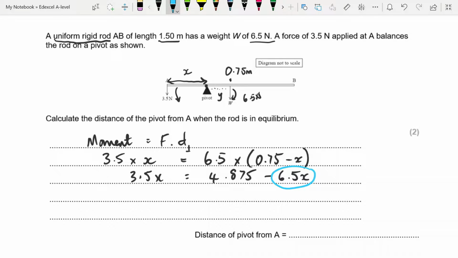We're now going to take this and bring it across, and of course it becomes plus once you bring it across, and 6.5 plus 3.5 gives us 10x is equal to 4.875, leaving us an x of 0.4875, and let's round that to 0.49 meters.